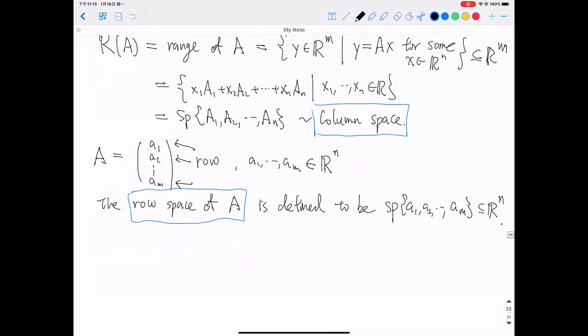Let's look at an example. Let's consider this matrix: 1, 2, 1; 2, 3, 5; 1, 4, minus 5; 2, 5, minus 1.